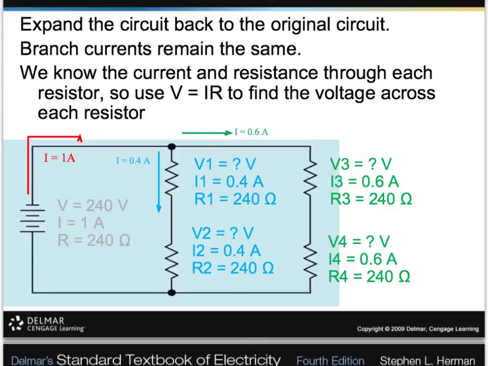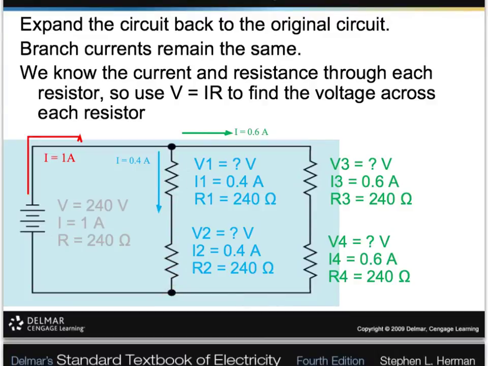Okay, so now we're back to the original circuit. We know now that 0.6 amps goes this way, 0.4 amps goes this way, so this 0.4 amps goes through both this resistor and this resistor because they're in series. They make one loop, and the current does not have a choice which way to go.